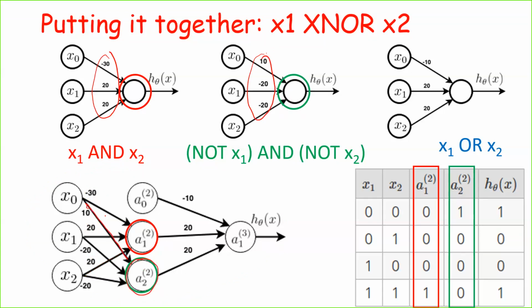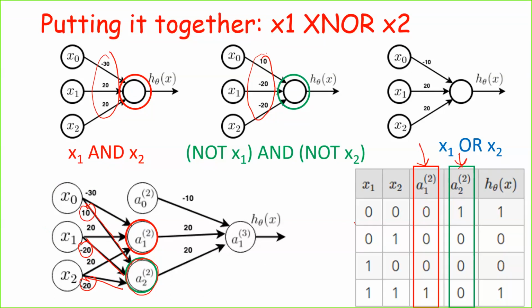This is the OR gate. When you give 0, 0 as the input, what does the AND gate give? 0 as the output. When you give 0, 1 as the input, it gives 0 as the output, and so on. So this is the output of the AND gate, and this is the output of the not X1 and not X2 gate.